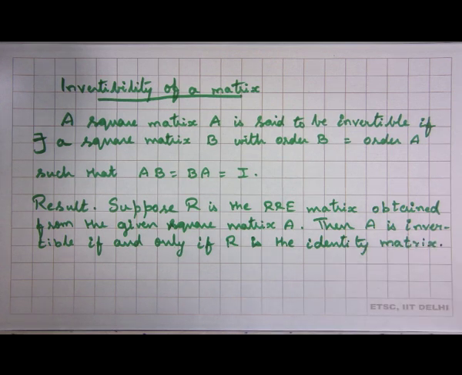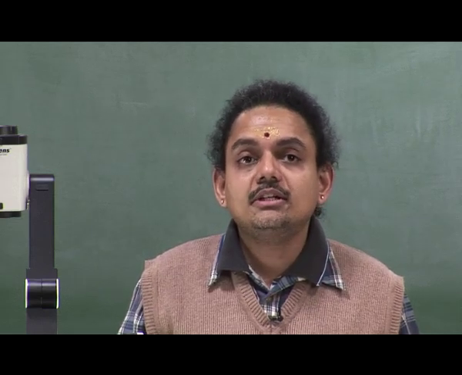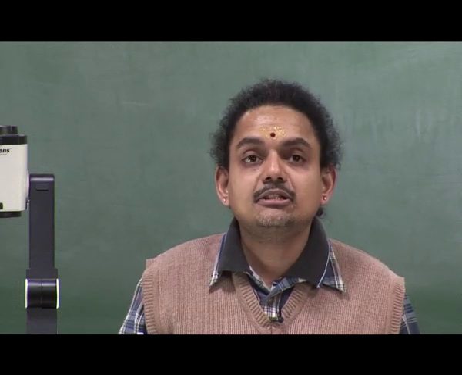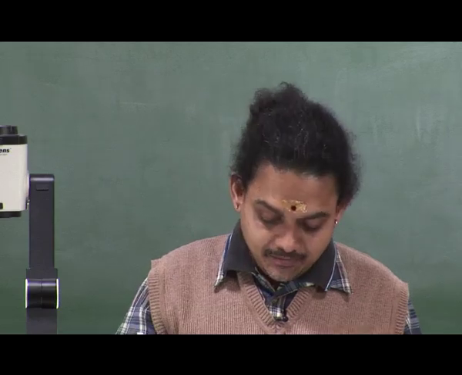How to check whether a matrix is invertible or not? Just find out its RRE. Once you know that the RRE that you have finally obtained is just the identity, then such a matrix has to be invertible.